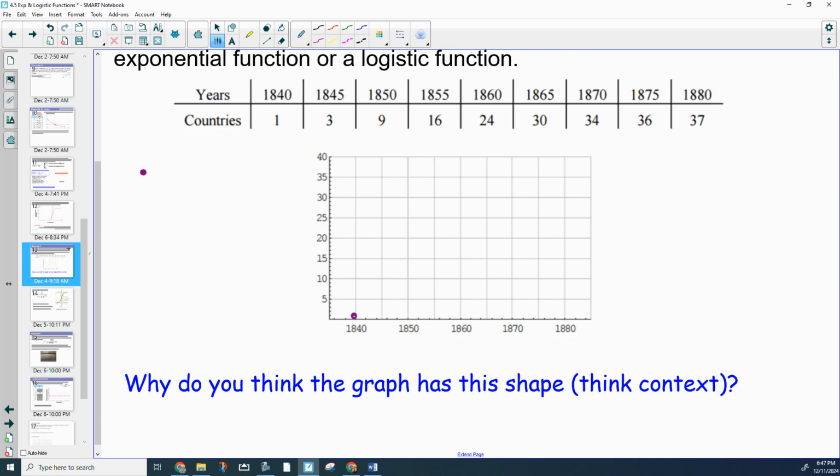In 1850, we had 9. 1855 up to 16. 1860 up to 24. 1865 we're at 30. 1870 gets to 34. 1875 we get 36. And 1880 goes 37.